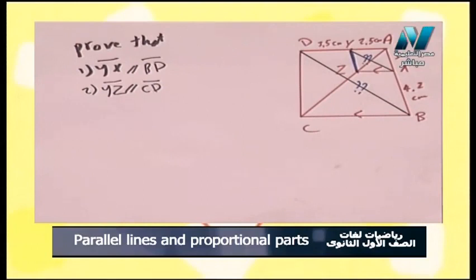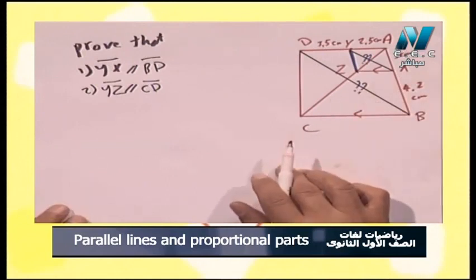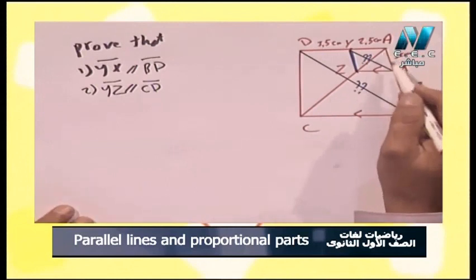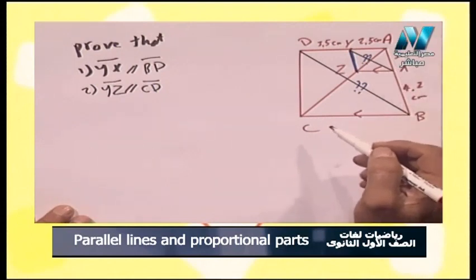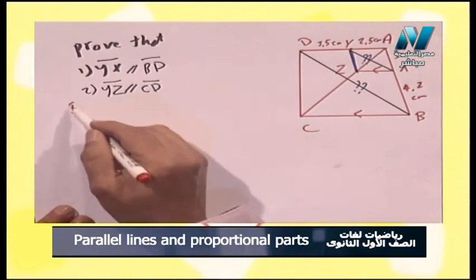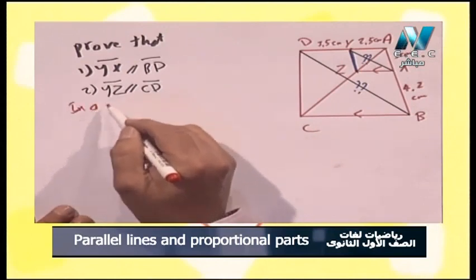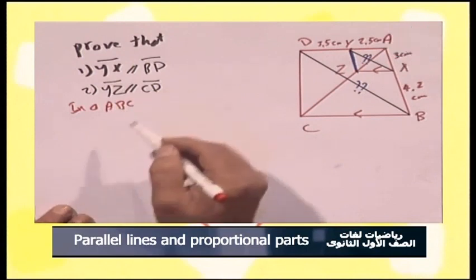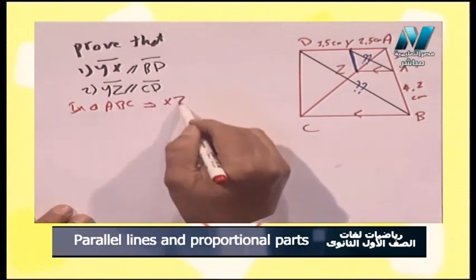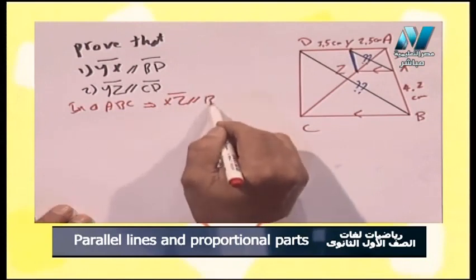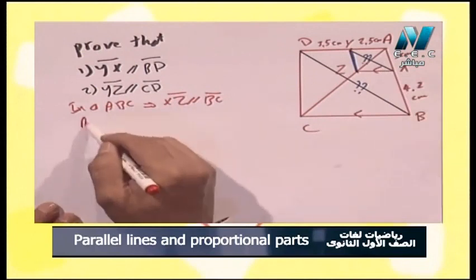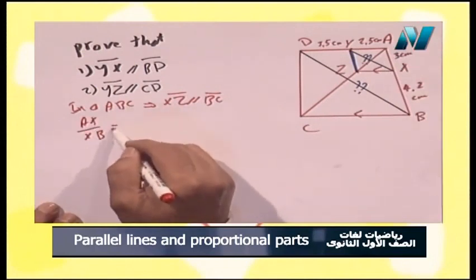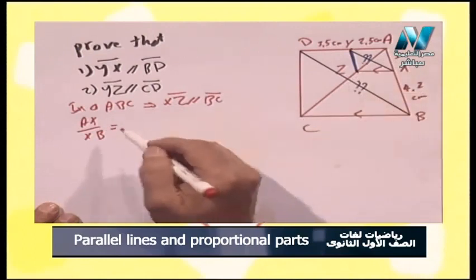Let's first use our parallel, which is XZ here, parallel to BC. We have AX equals 3 centimeter and XB equal 4.2 centimeter. So in triangle ABC, we know that XZ is parallel to BC. So AX over XB will be equal AZ over ZC.